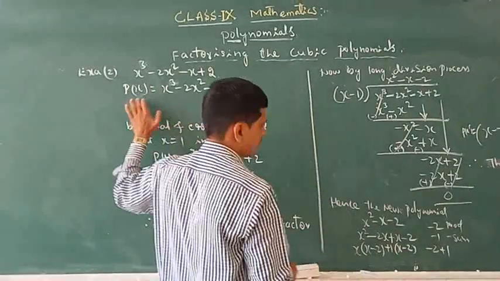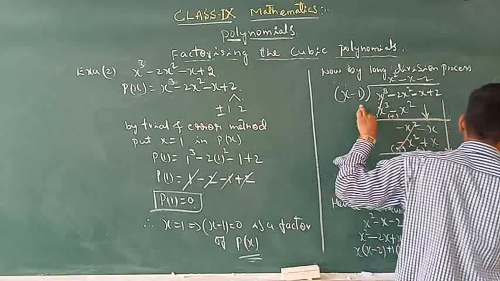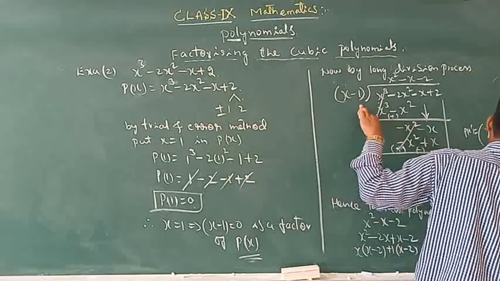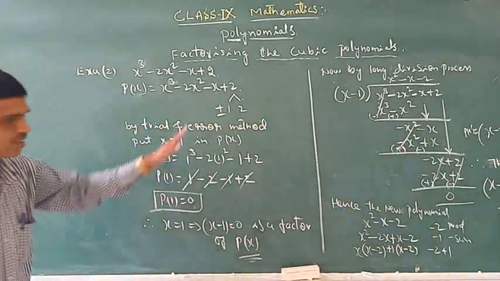So exactly p of x has the factors x minus 1, x minus 2 and x plus 1. These are the factors obtained from this method.